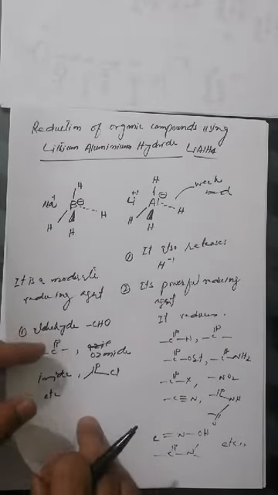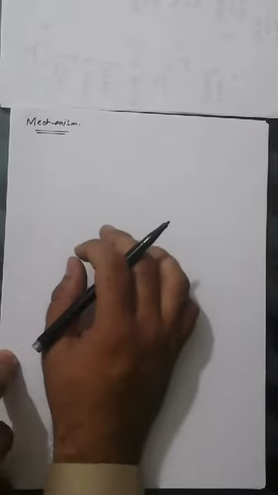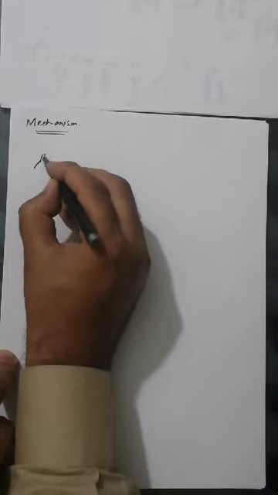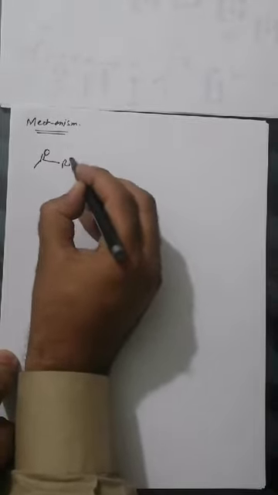Now what is the mechanism? The mechanism actually will depend upon which class of organic compound you are going to reduce. So let's talk about the first, ketones or aldehydes.